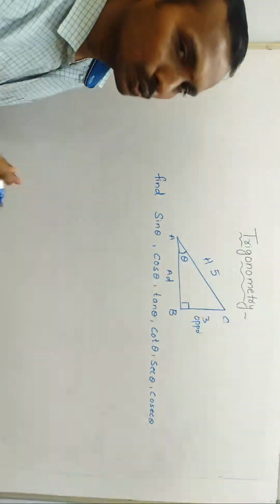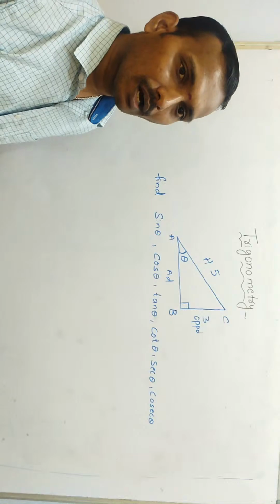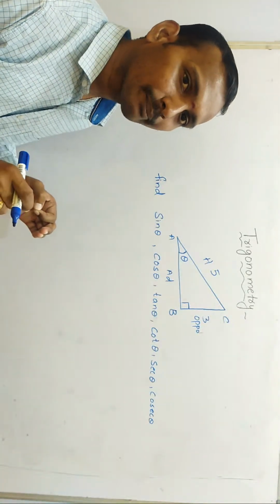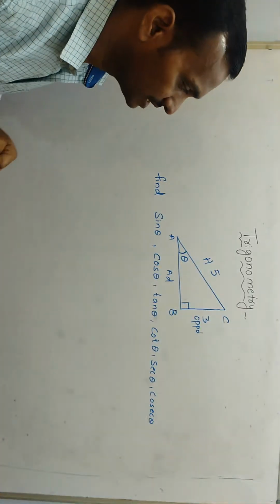If you know two sides of a right angle triangle and want to calculate the third side, how can we calculate it? By using the formula: hypotenuse square is equal to opposite side square plus adjacent side square.